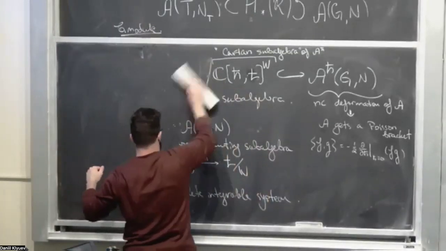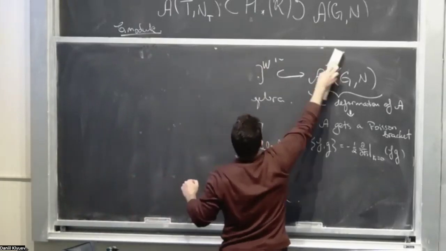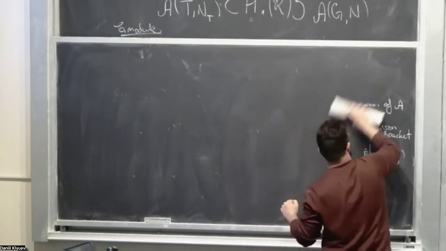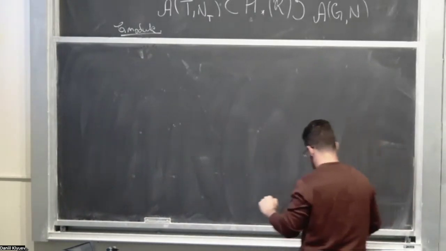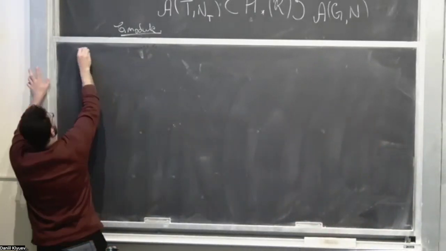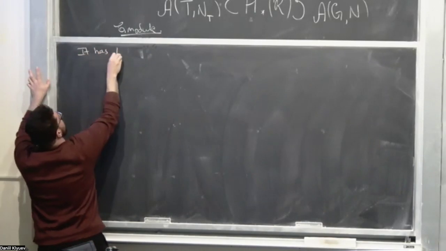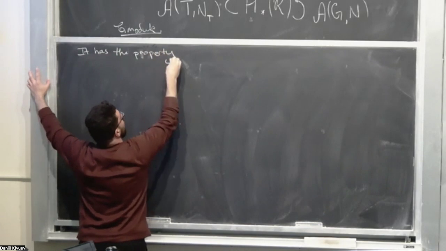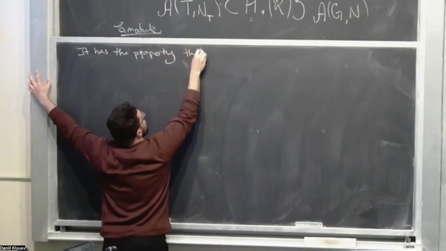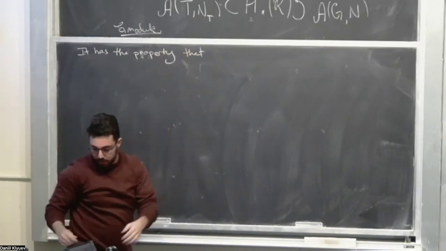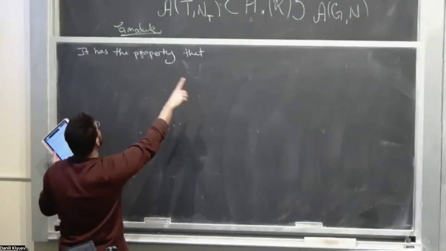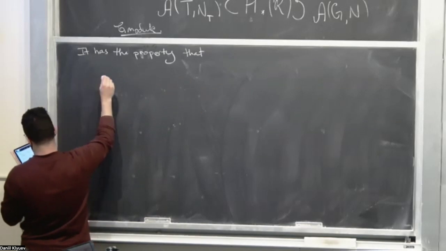The bimodule structure is convenient partly because, I'm going to write the actions as star because they're defined by the same convolutions.